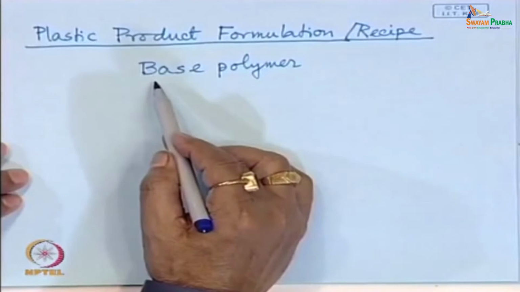You may want to make a pen, a seat, a chair, a pipe, an overhead container, or an electrical switch, socket, switch board, coating or insulation of conducting wires, or a tire. Whatever product you make, first of all you have to select a polymer depending on the final product you are going to make.